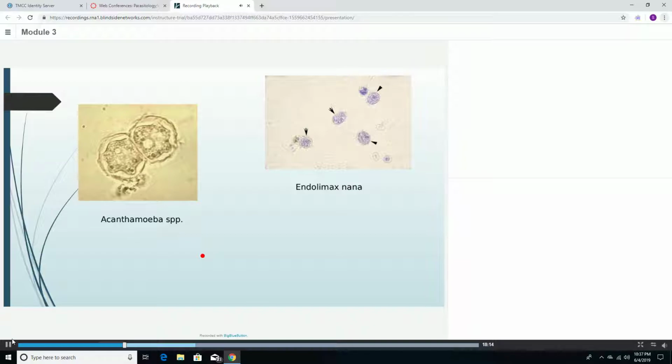They cause chronic granulomatous lesions in the brain tissue and may contain trophozoite and cyst stages. They've also been isolated in the upper respiratory tract. So I want you guys to take a good look at that on pages 75 and 76 to read up on this Acanthamoeba.